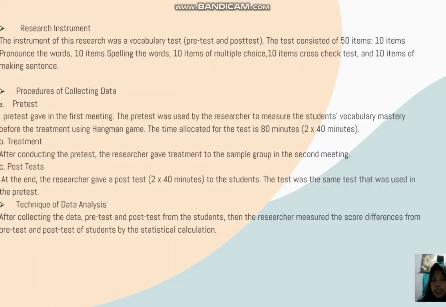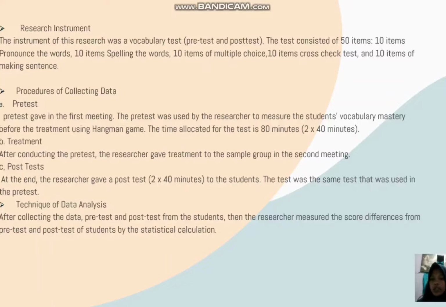And then treatment. After conducting the pretest, the researcher gives treatment to the sample group in the second meeting. And the next, post test. At the end, the researcher gives a post test, or 2 times 40 minutes, to the students.